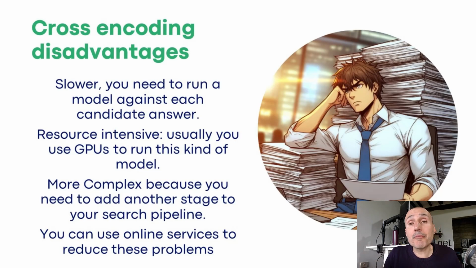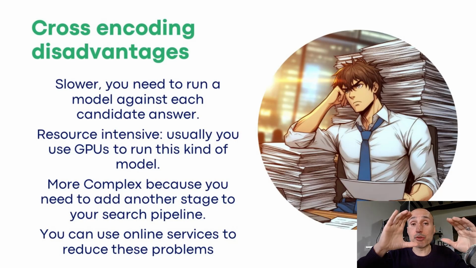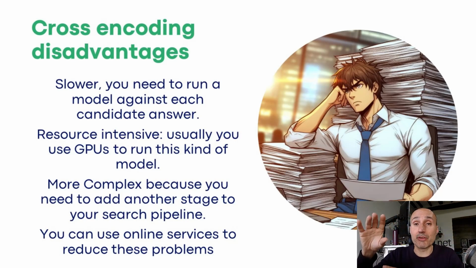And also, it adds complexity to your search pipeline, because instead of having a user query, vector search or keyword search, and then returning the results to the user or passing the candidates to a large language model, you have a more complex pipeline where you have the user question, many search strategies, deduplication of the search results, then a ReRanking step, and finally passing to a large language model or to the user.